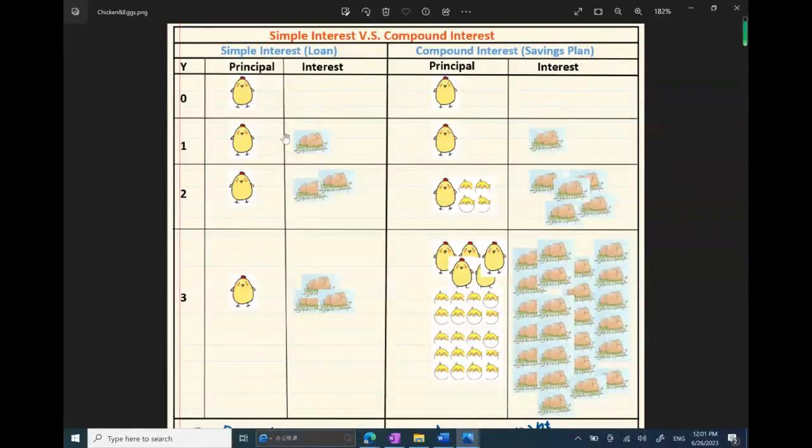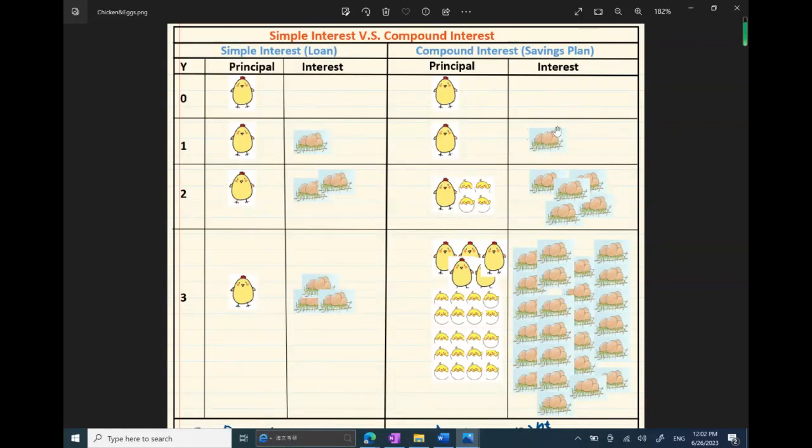The difference between simple interest and compound interest is, in the case of simple interest, interest stays as interest and principal stays as principal. So chicken is still chicken, and eggs are still eggs. But in the case of compound interest, you have more chickens. Your principal is growing because the eggs will turn into chickens.